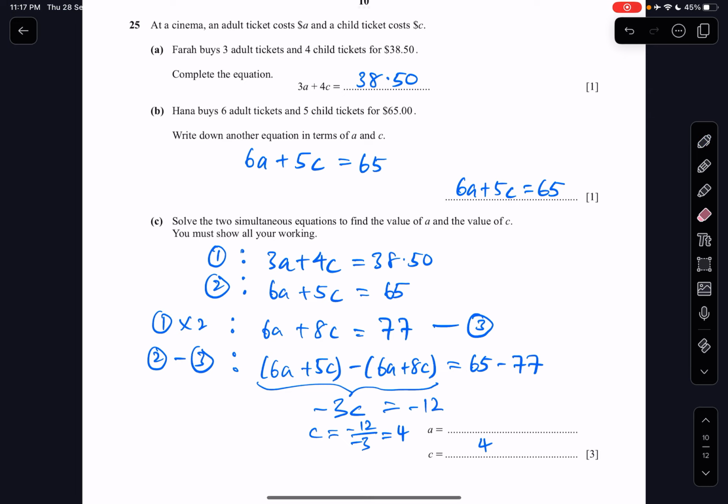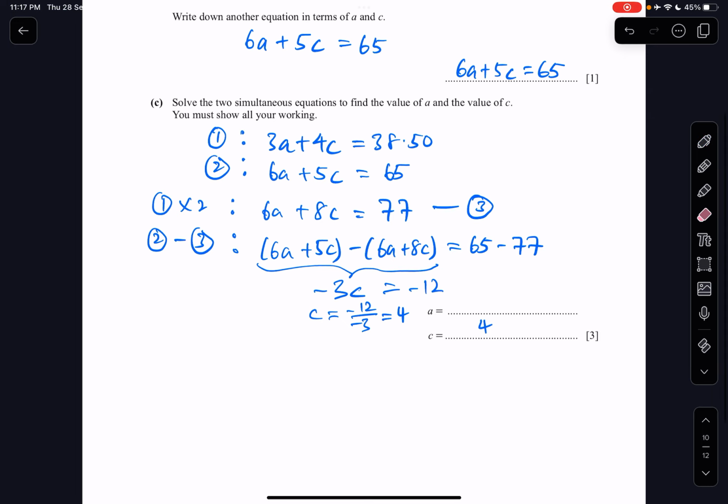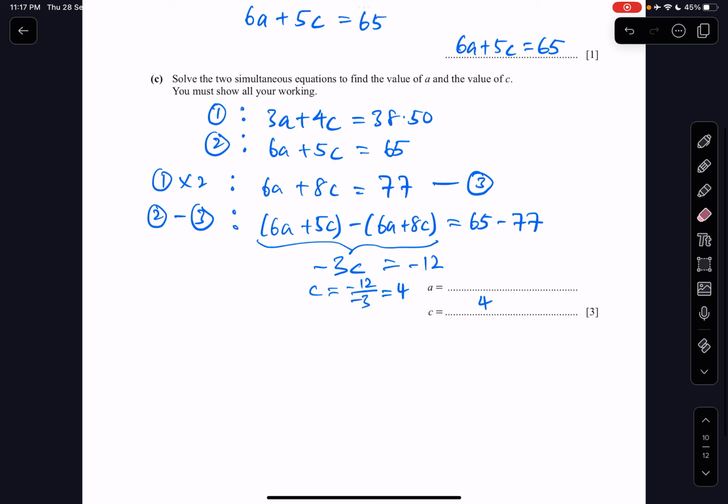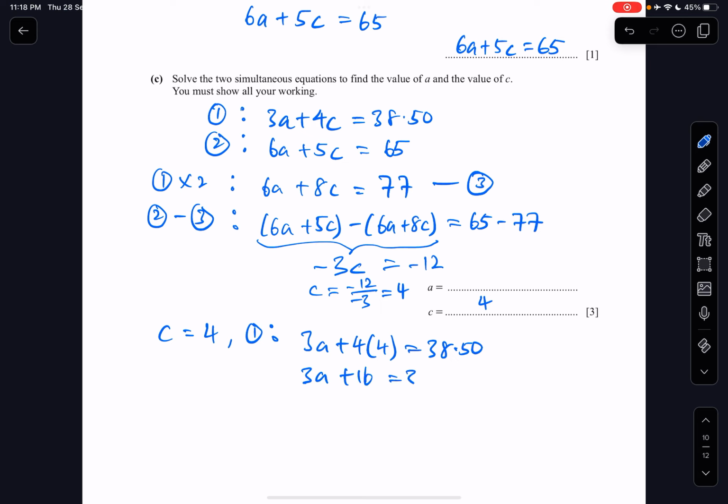Let me scroll up. Okay, C is equal to 4, and I'm going to sub it into equation number 1. So 3A plus 4 multiplied by 4 equals $38.50. So 3A plus 16 equals $38.50.